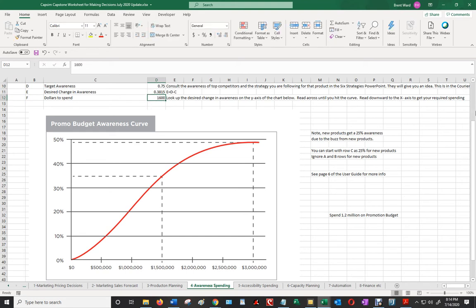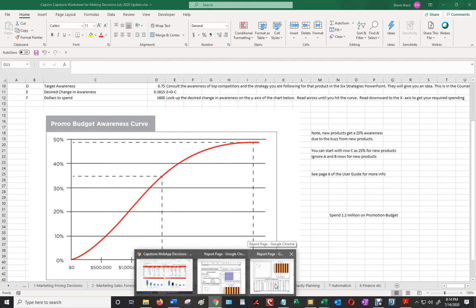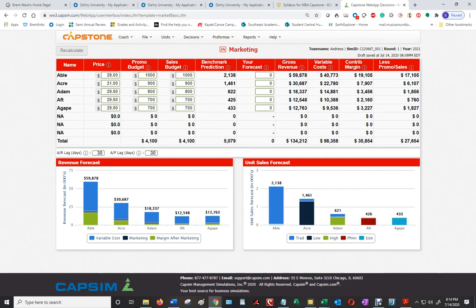That's how much I need to spend on each of the products I have in that segment at that awareness. Now let's have a look here. Product Able, which is in that segment, my promotional budget is going to be 1.6 million.